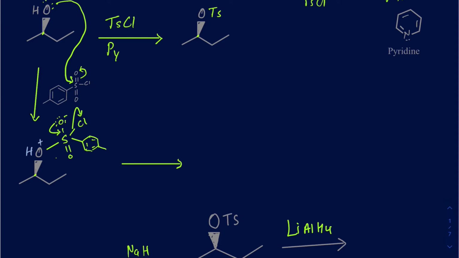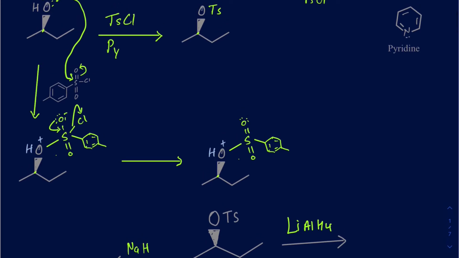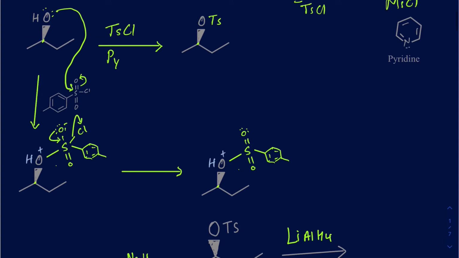All right, so let me just copy this down here, and I'm going to take out part of it. Now you've got a double bond there, and obviously you're going to have a Cl minus that has left the solution.